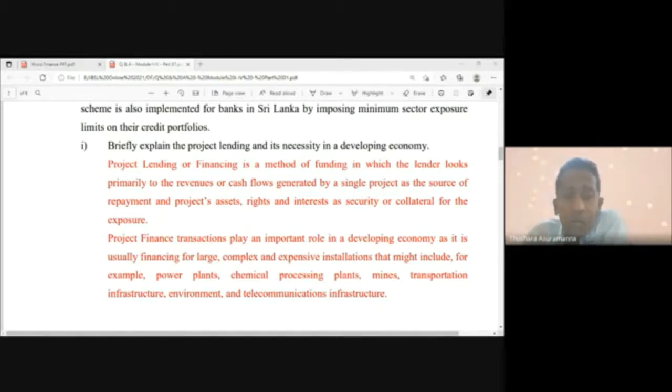When you go to part 2, he mentioned developing economy. That's true.